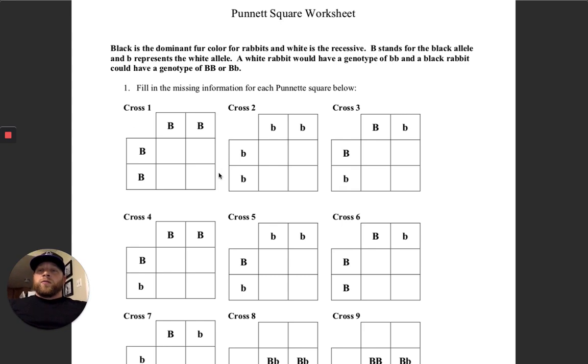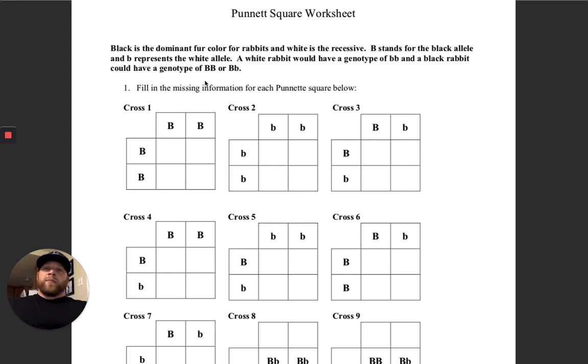So, to get into our scenario, it says black is the dominant fur color for rabbits and white is the recessive. Okay? This capital B stands for the black allele, and the lowercase b represents the white allele. A white rabbit would then have the genotype of both lowercase b's, which would be homozygous for the recessive trait.